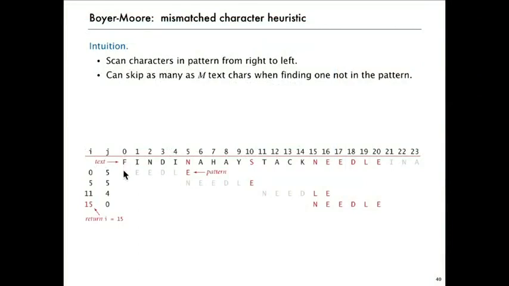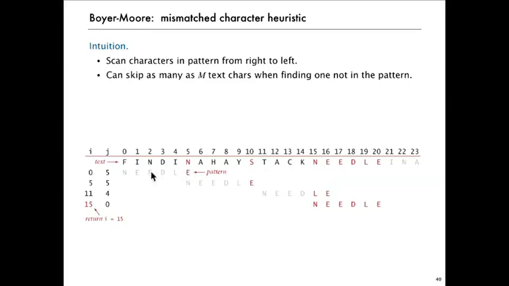matching the pattern against the text, moving from left to right in both pattern and text, Boyer-Moore said, what if we try to scan the characters in the pattern from right to left? When we find a mismatch, we can skip.